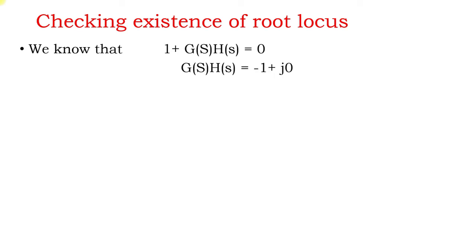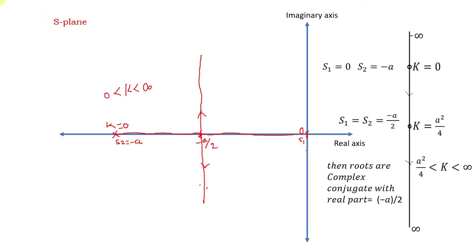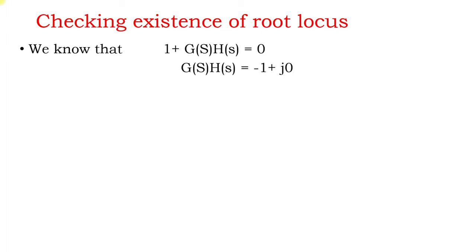I will take this 1 to the right hand side, so it becomes minus 1. Here the imaginary part is 0, that is indicated by plus j 0. This is exactly a Cartesian form.